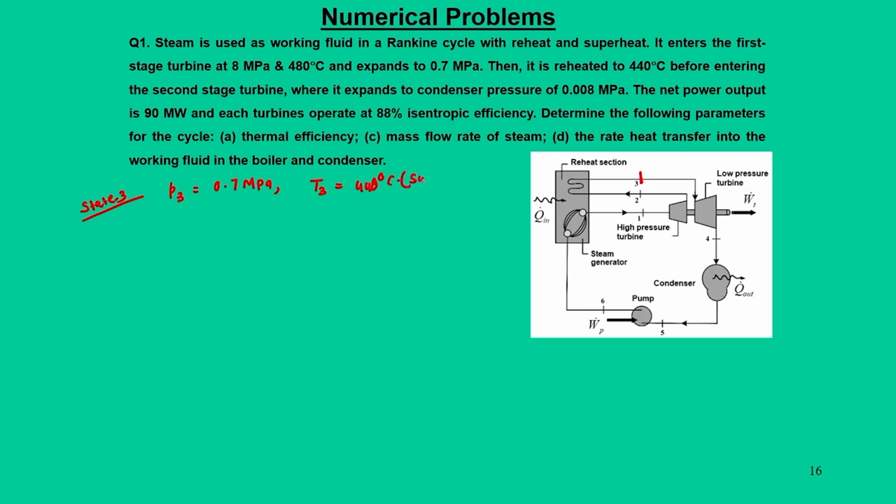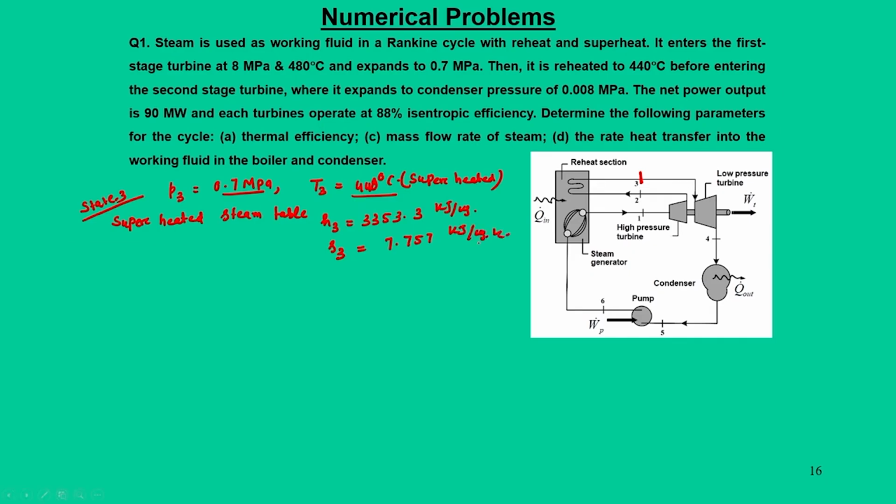So, this is a superheated region, and you have to rely on the data from the superheated steam table at 0.7 megapascal and 440 degree centigrade. This gives you H3 as 3353.3 kilojoule per kg and S3 equal to 7.757 kilojoule per kg Kelvin.